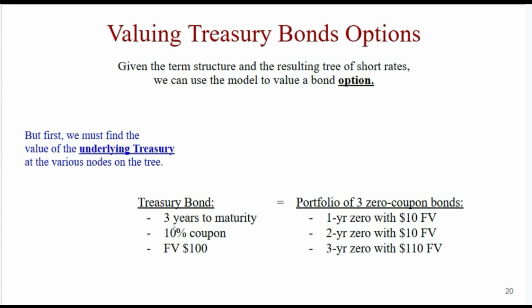This bond would pay $10 in the first year, $10 in the second year, and $110 in the third year. So the value of this bond is exactly the same as the value of a portfolio of 3 zero coupon bonds, a 1-year zero with a face value of 10, a 2-year zero with a face value of 10, and a 3-year zero with a face value of 110.